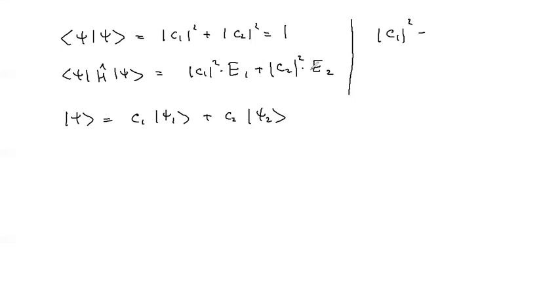Look at this as an average energy. What should be the meaning of C1 square and C2 square? It should be probability, isn't it? Probability of what?